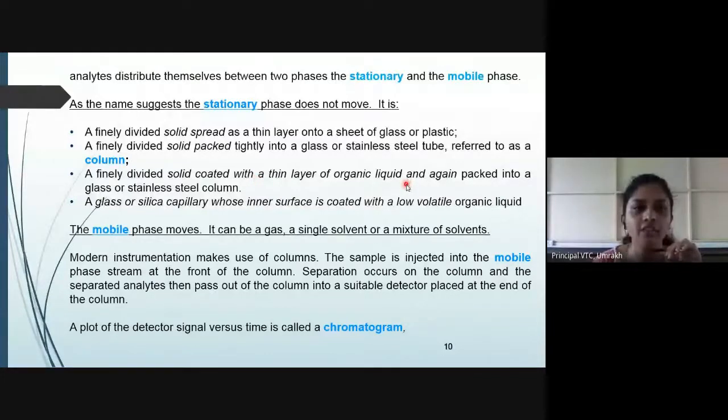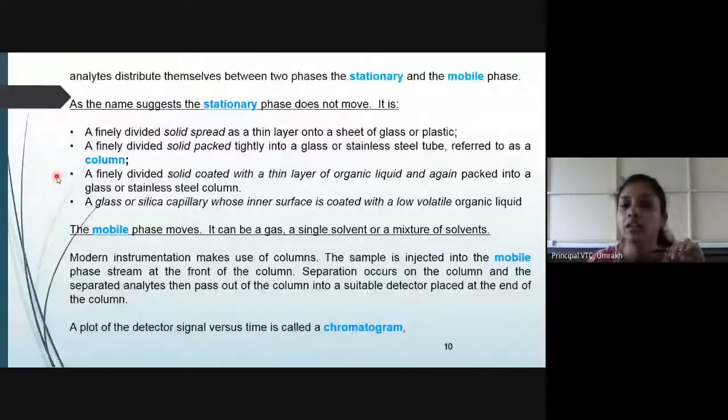The fourth kind of stationary phase can be a glass or silica capillary, not a column, which has a very small internal diameter and a coated surface. That means organic liquid is coated directly on the capillary.